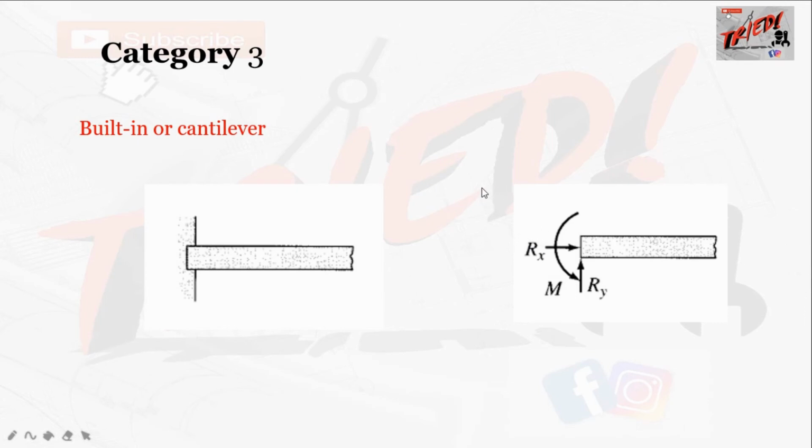We conclude that supports in the third category, which are the built-in supports, have three unknowns, which are the reacting force y, reacting force x, and the couple.